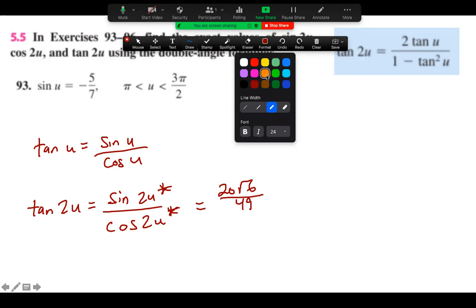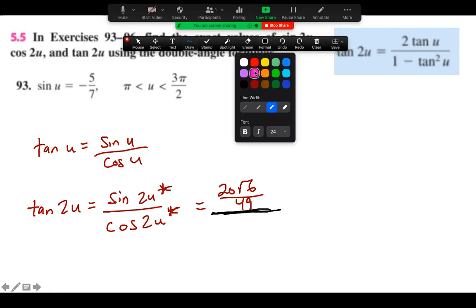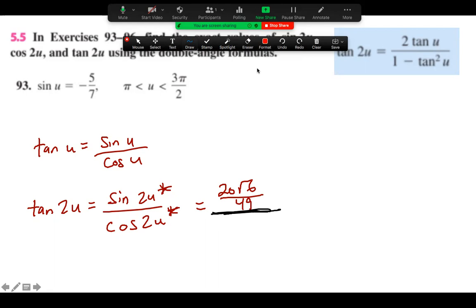And just a moment ago, we found the value of cosine double u, and we found that that was negative 1 over 49. Now, we have a substitution there based on work we already did, so this saves you in the long run.